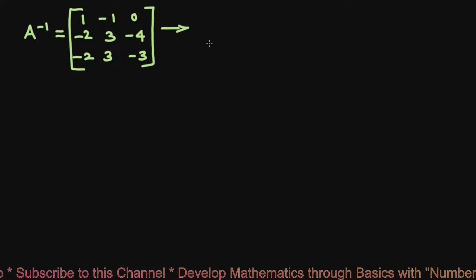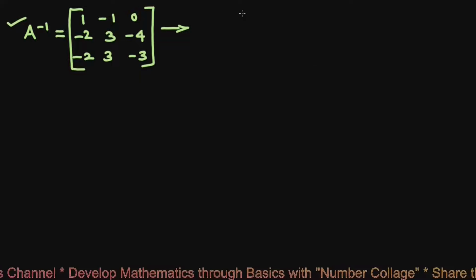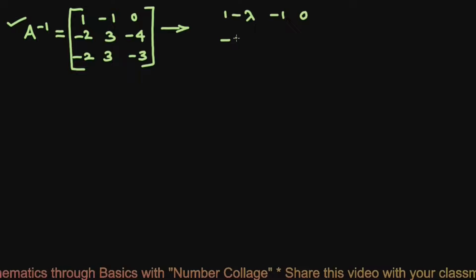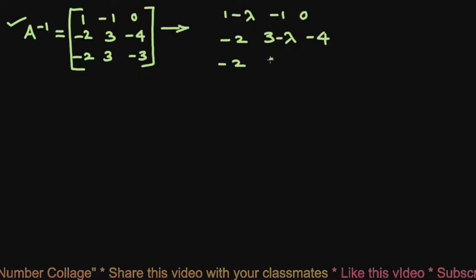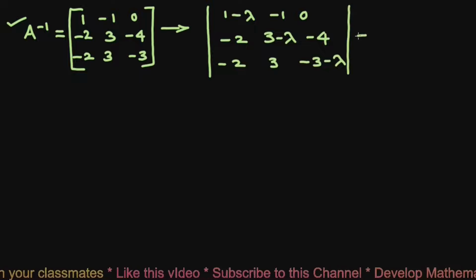For that we will write the characteristic equation of matrix A inverse, that will be determinant of 1 minus lambda, minus 1, 0; minus 2, 3 minus lambda, minus 4; minus 2, 3, minus 3 minus lambda, equals 0.